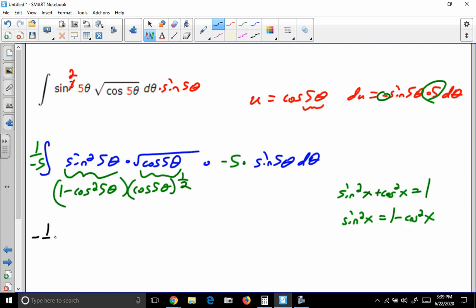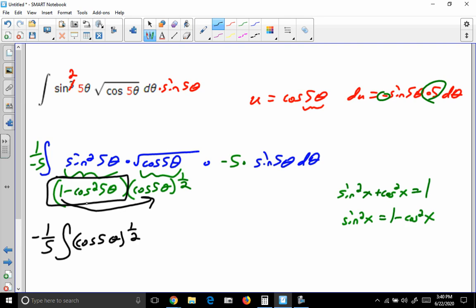So we have a negative 1/5 in the front. This is what was sine squared. And we need to distribute. So do 1 times that, 1 times cosine 5 theta to the 1/2. And then negative times positive is negative.